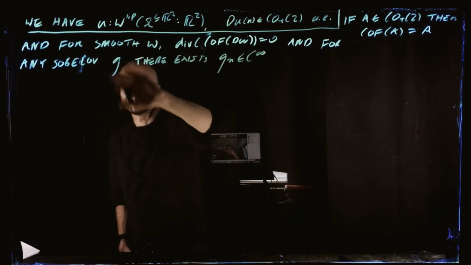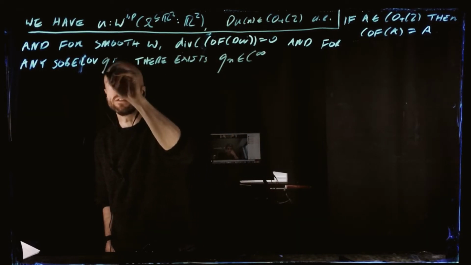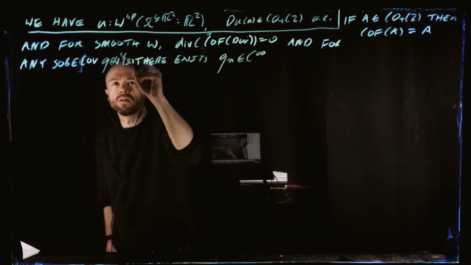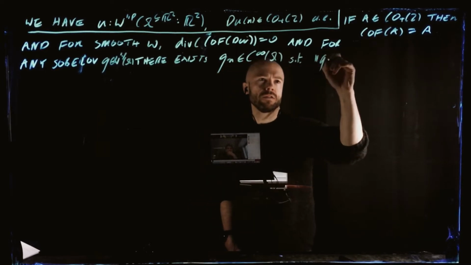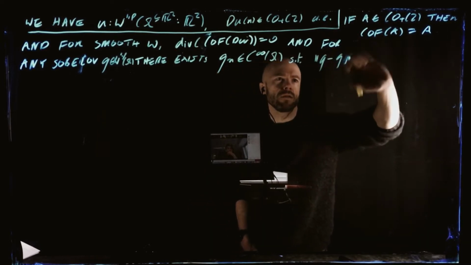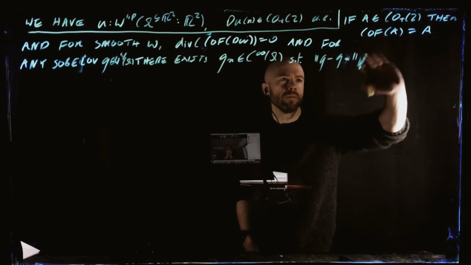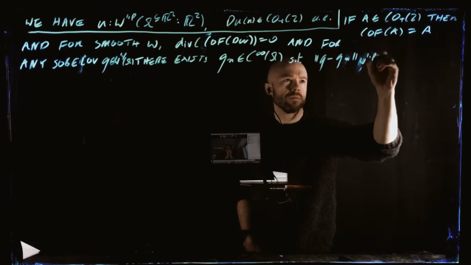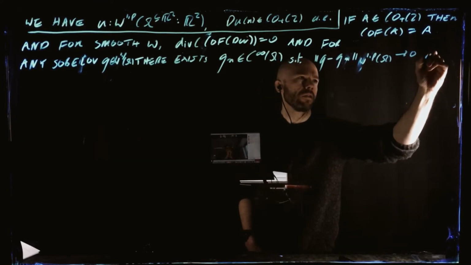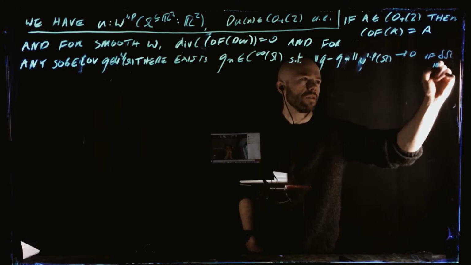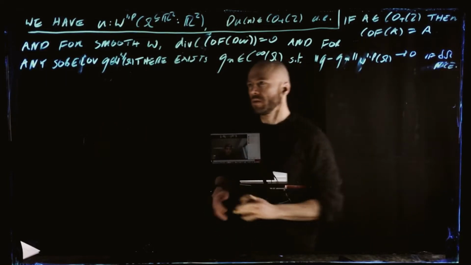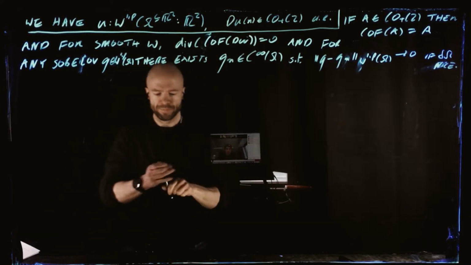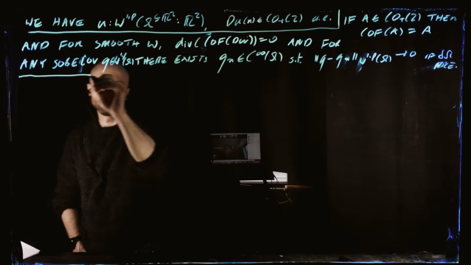Let's just say W^{1,p}(Ω), C^∞(Ω), such that g minus g_n in the W^{1,p} norm goes down to 0, so long as the boundary is nice enough. Okay, these were the things we noted, and let's try and put them together.